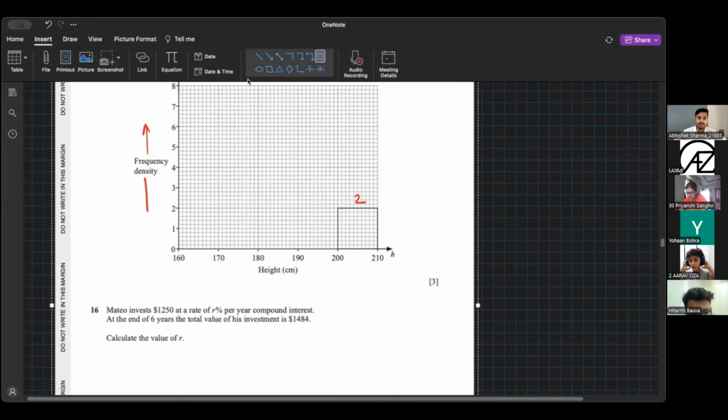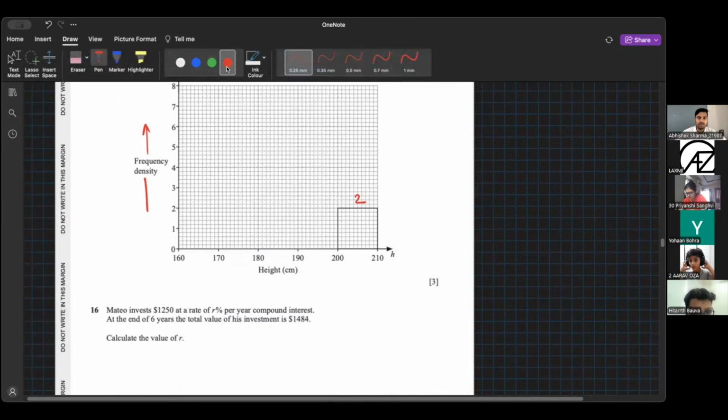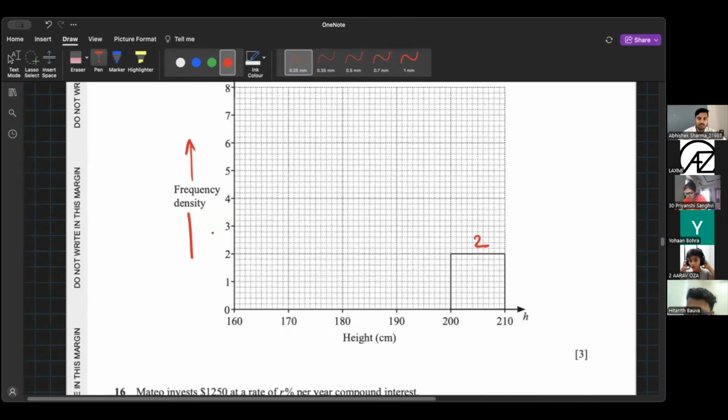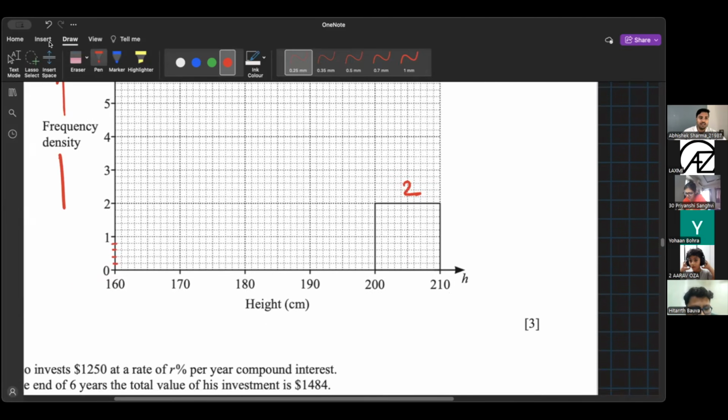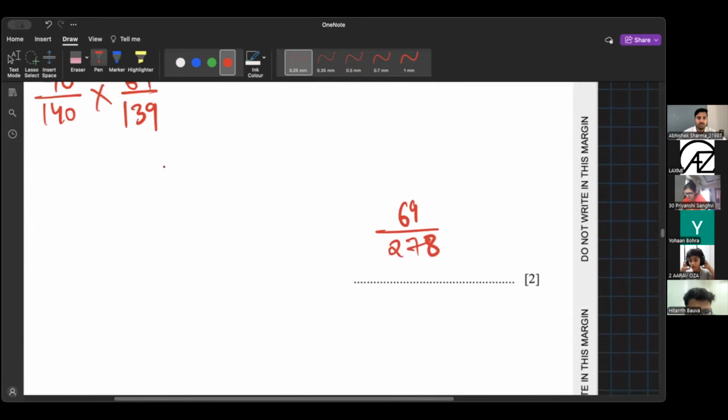Let's check. This is 1. Let's mark certain values first. We have to show 0.35. This is 1. This is 0.2, 0.4, 0.6, 0.8. Like that, right? We have to show 0.35 from 160 to 180, right?